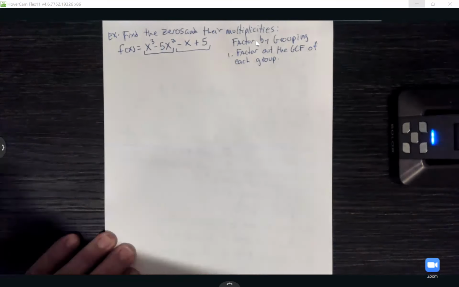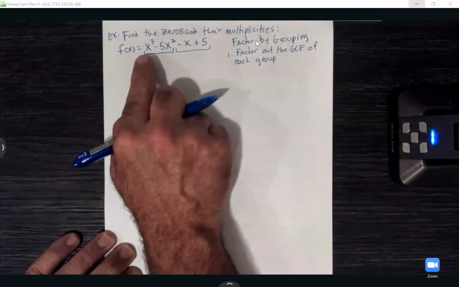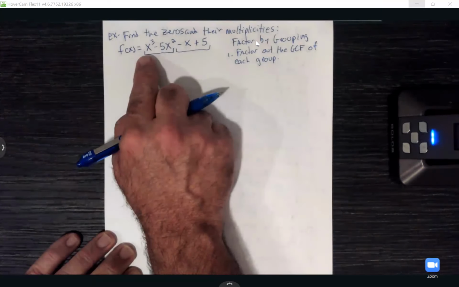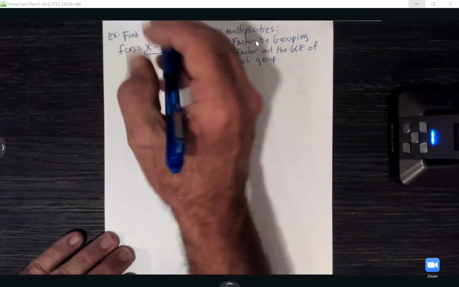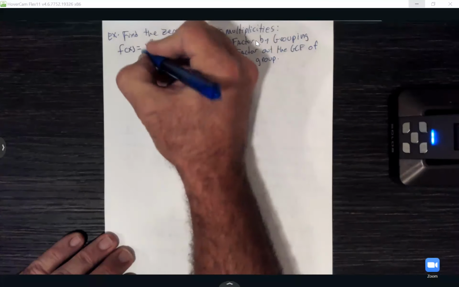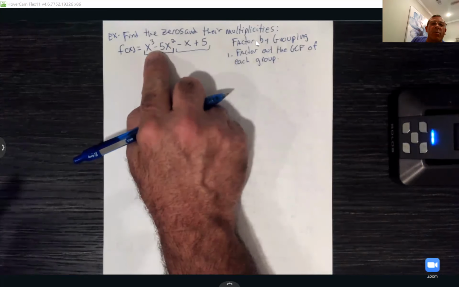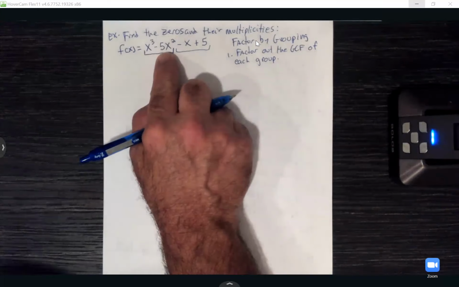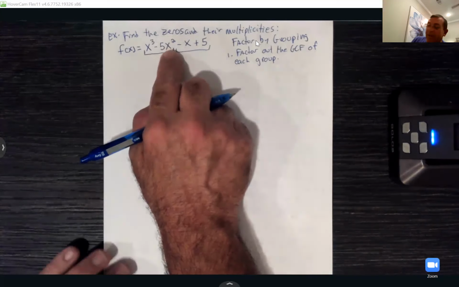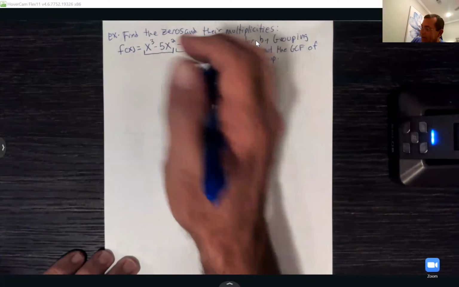Would it be 5? Let me go this way. Remember, x to the third is what? X times x times x. Would it be x to the second? X to the second, because both of them have at least two x's as factors.